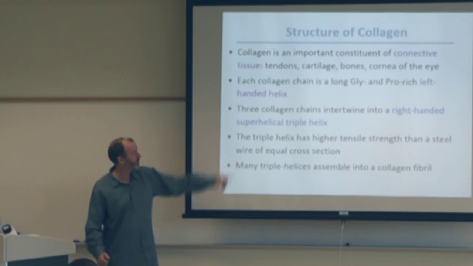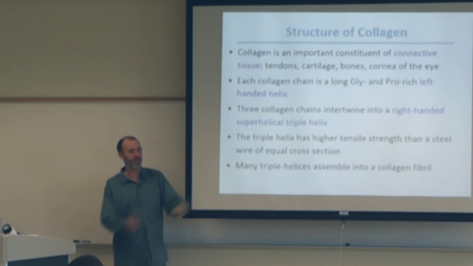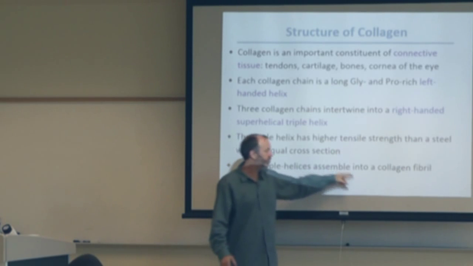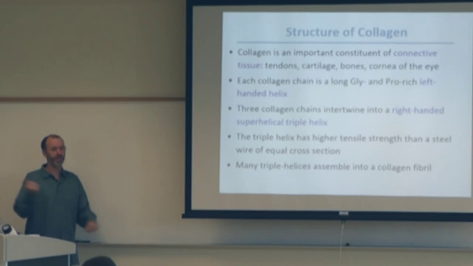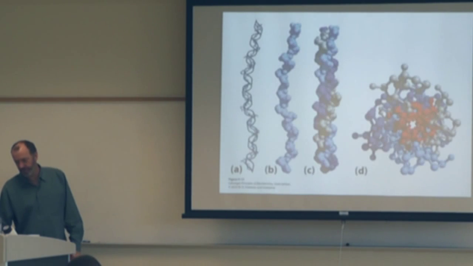So collagen has that triple helix. High tensile strength, higher than a steel wire of equal cross-section. So super strong, and that triple helix will assemble into a large collagen fibril. Remember, it's those modified proline hydroxyl groups where you get that strong hydrogen bonding between the helices.